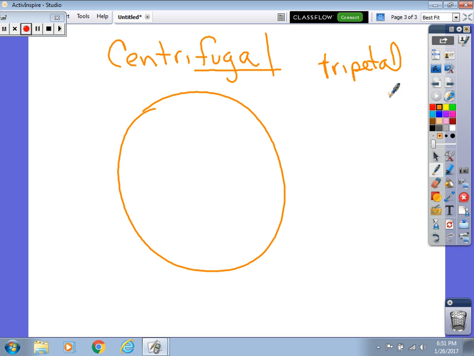Centrifugal is a made-up force. The centrifugal force is a force that points outward. Oftentimes people say, oh, when I turn the curve in my car, I get thrown to the outside of the curve. Or when I'm on an amusement park ride, I get held to the wall. Well, this force is called a pseudo force.